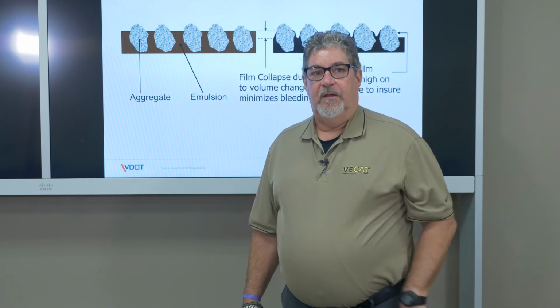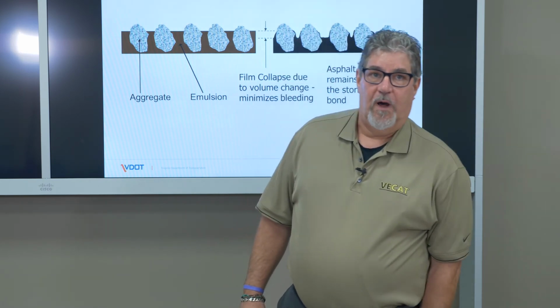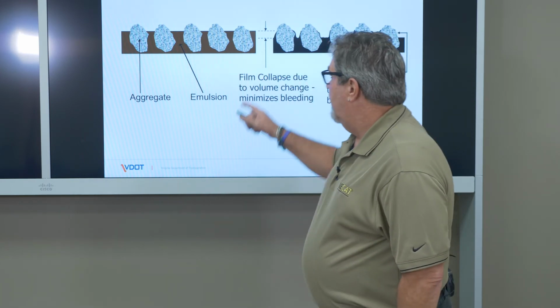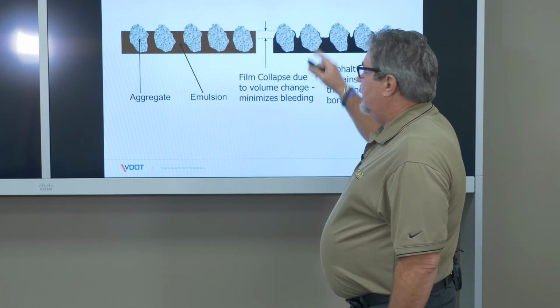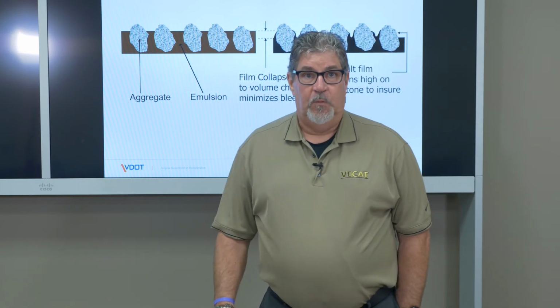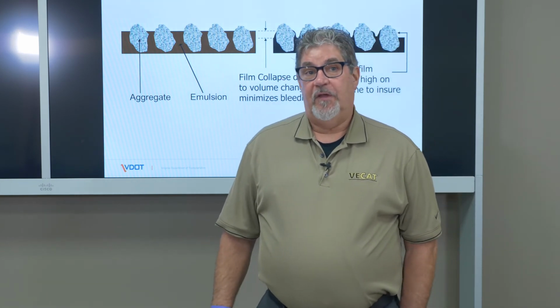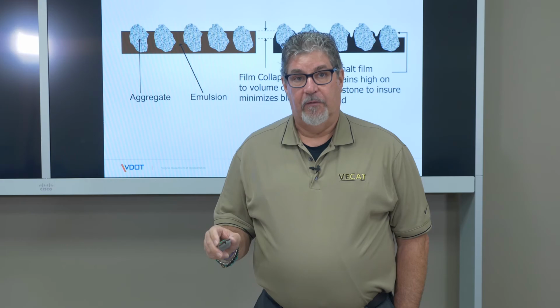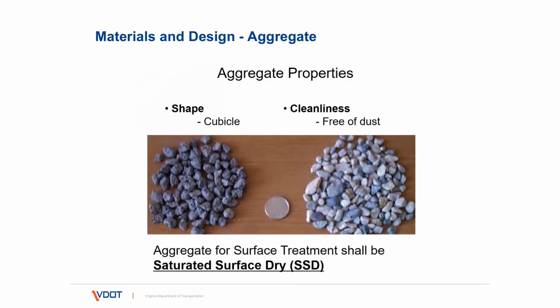So the bond is better because of the water, and there are voids in between these aggregates which makes it so the tires won't pick up the aggregate. That's called film collapse.